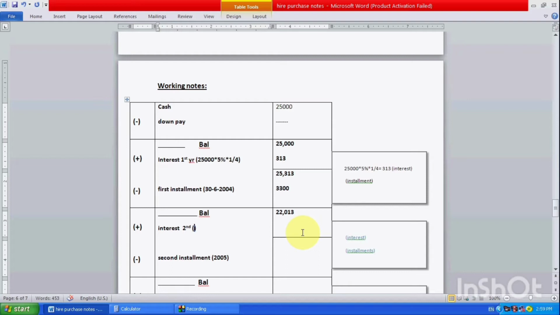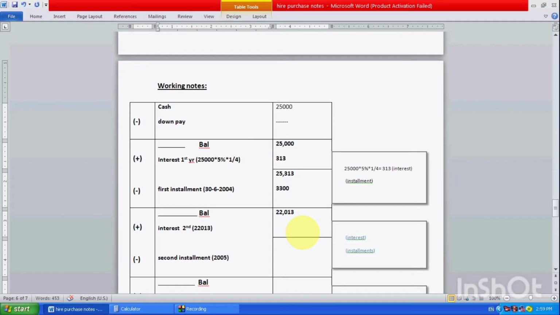So this is the first year interest, first quarter.